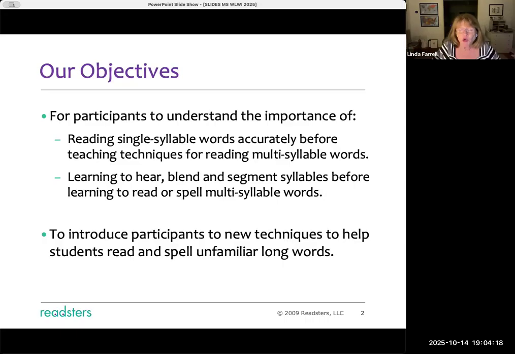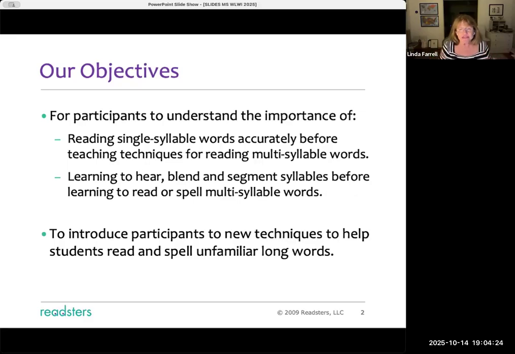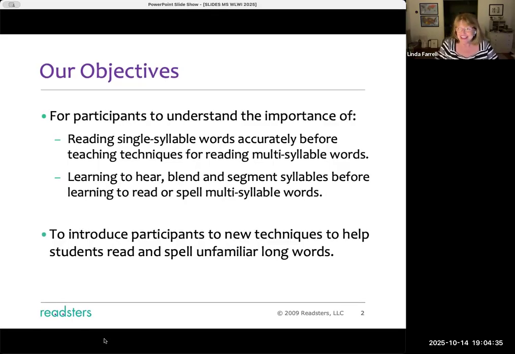And even more importantly, in order to read multisyllable words, we have to be able to hear the syllables, recognize the syllables, name the syllables, and understand what a syllable is. We're going to talk a lot about those two things.